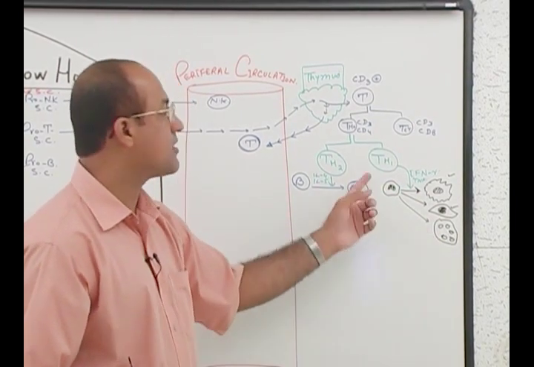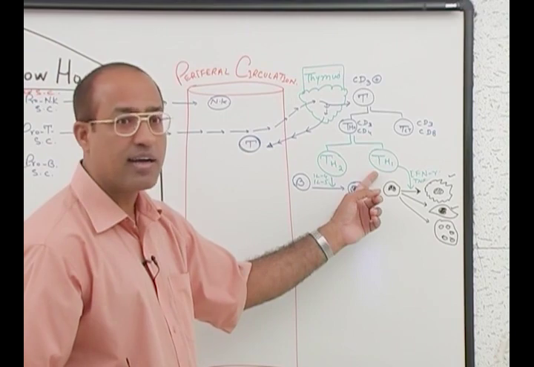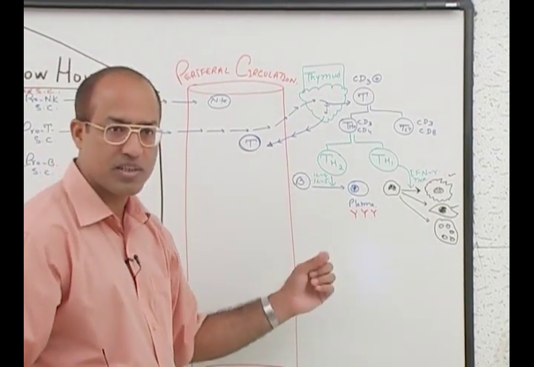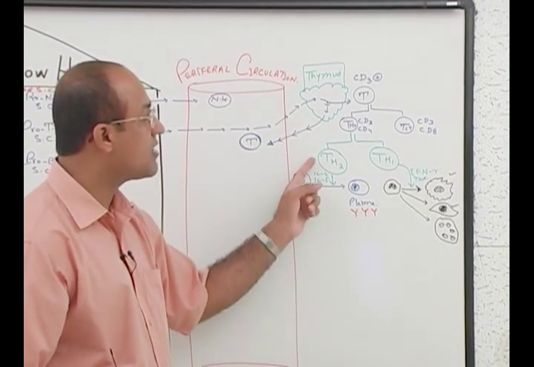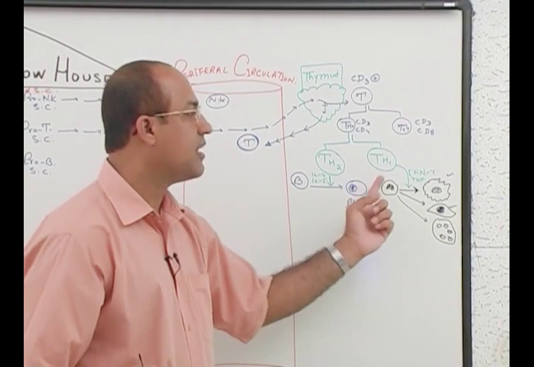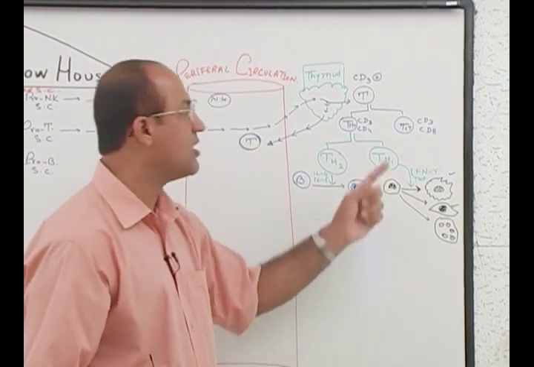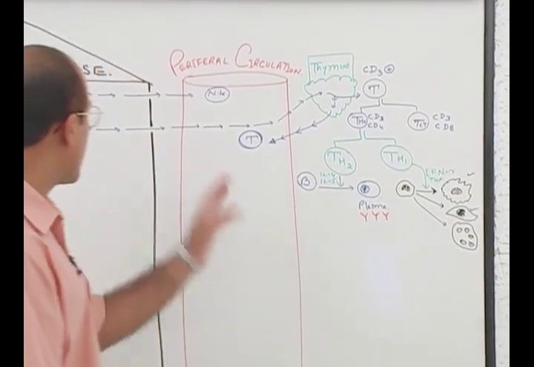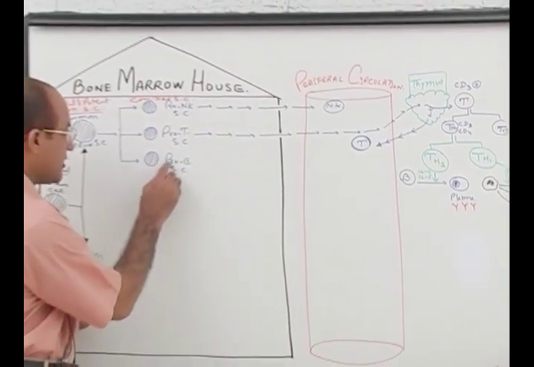So we can say T helper 1 can help the granuloma formation, T helper 2 can help antibody formation. That is why T helper 2 is helping the humoral immunity and T helper 1 is helping the cellular immunity, and T cytotoxic is also part of cellular immunity. Now we come to pro B cells.